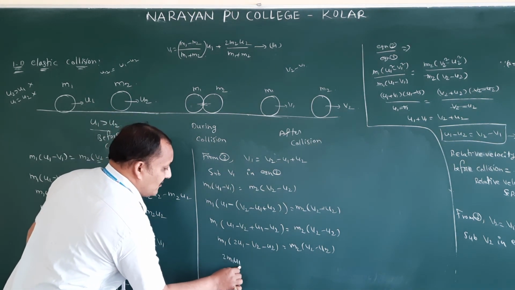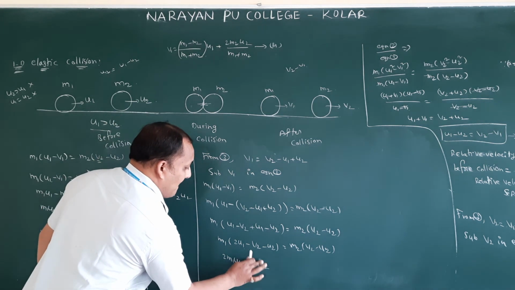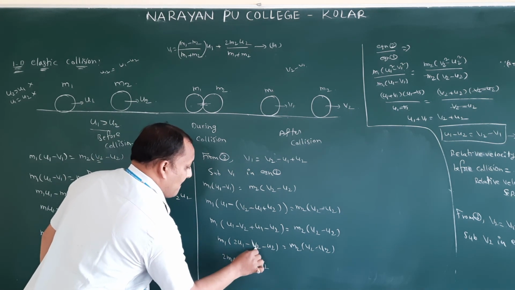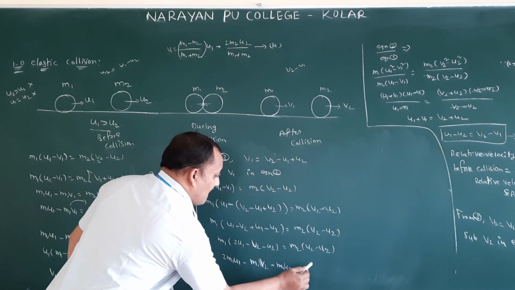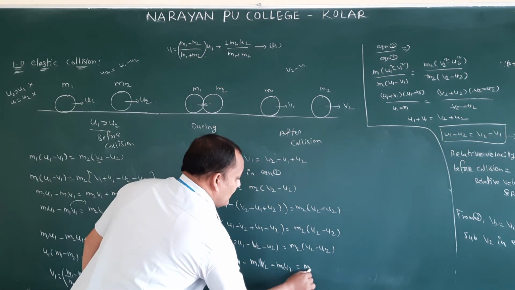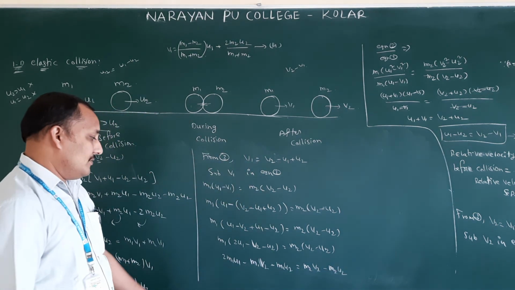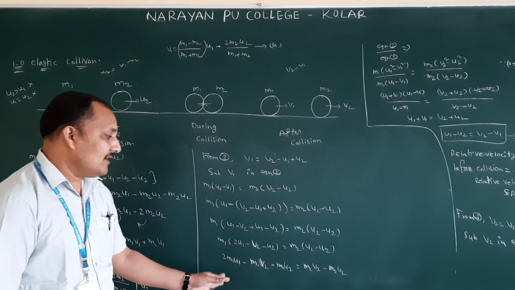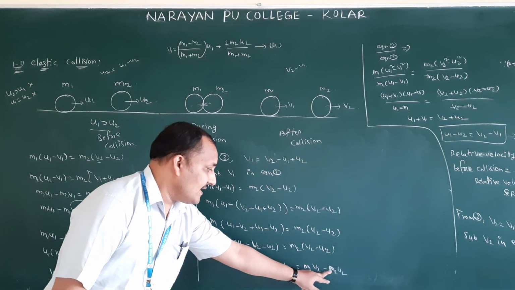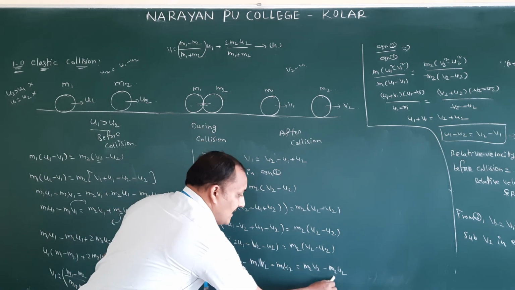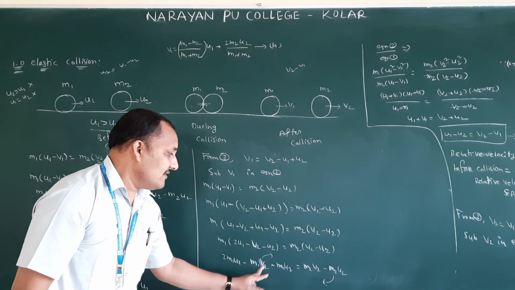So 2m1 u1 minus m1 v2 minus m1 u2 is equal to m2 v2 minus m2 u2. So this minus m1 v2 will be going this side. This minus m2 u2 will be coming this side.